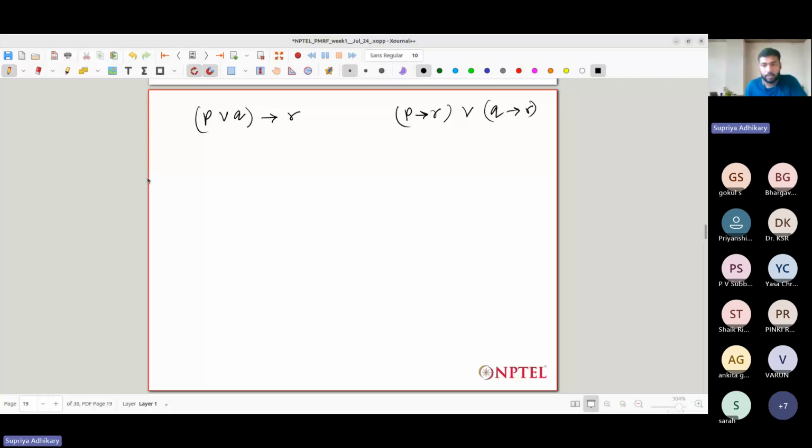Okay, so let's say R is false, P is true, and Q is also true. No, Q is false.